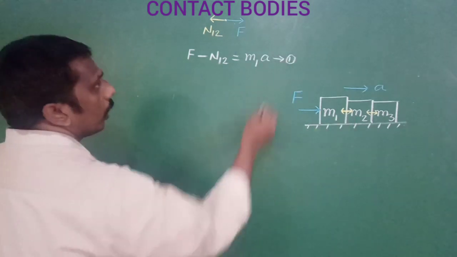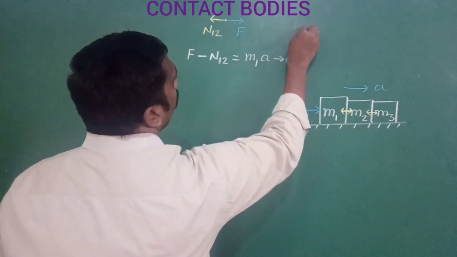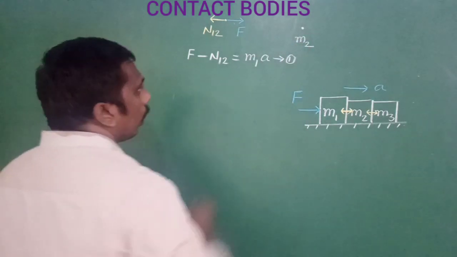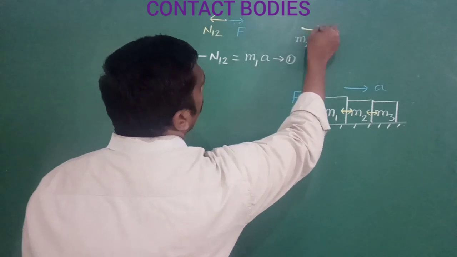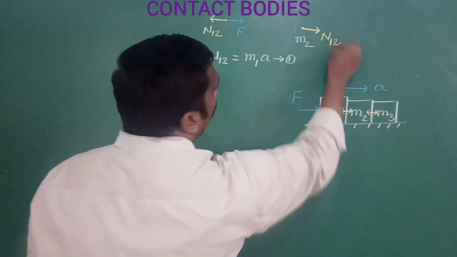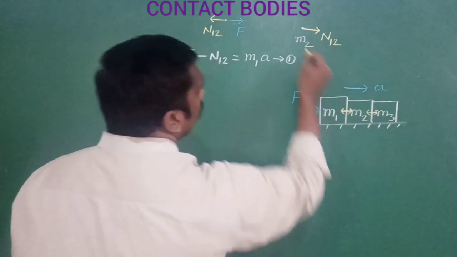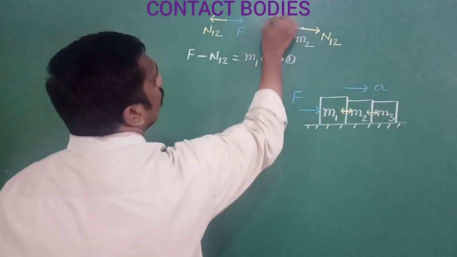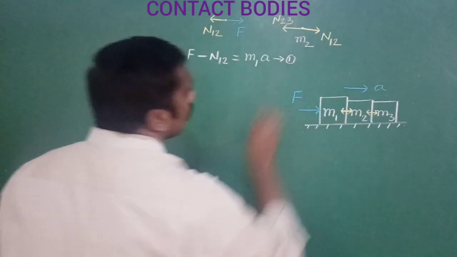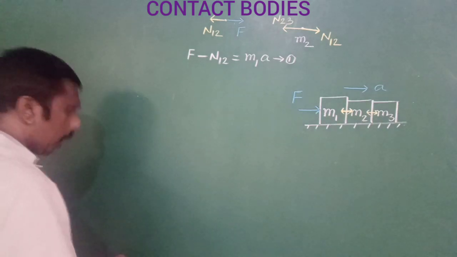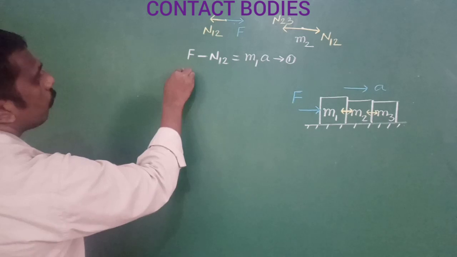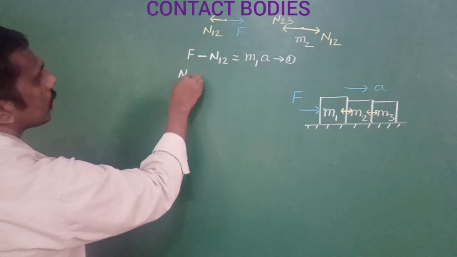Draw free body diagram for M2. On M2, again two forces are acting. One is normal reaction by block 1 towards right, this is N12. Normal reaction by block 3 towards left, N23. This block is moving towards right. That's why N12 is greater than N23. We write right force as positive, left force as negative.